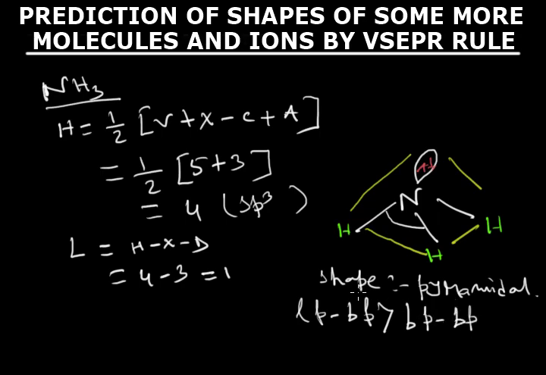That means lone pair bond pair repulsion is greater than bond pair repulsion, and the bond angle is slightly less than 109 degree 28 minutes. It is almost about 107 degrees. So this is the shape of the ammonia molecule.